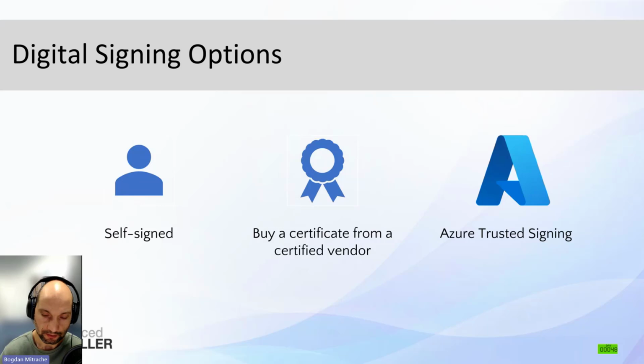Another newer option is to sign with a code signing service hosted in the cloud. Today, I'm going to talk a little bit more about Azure Trusted Signing, a new service launched by Microsoft, in general availability for everyone in the spring. It's something that we've worked together with them to integrate inside Advanced Installer.